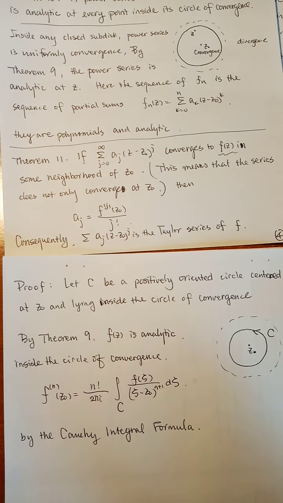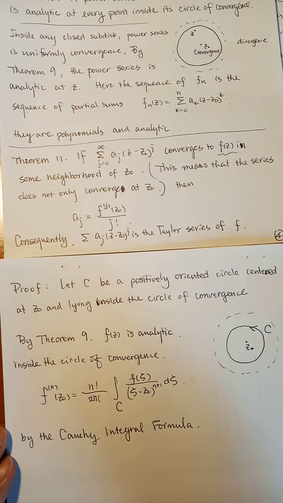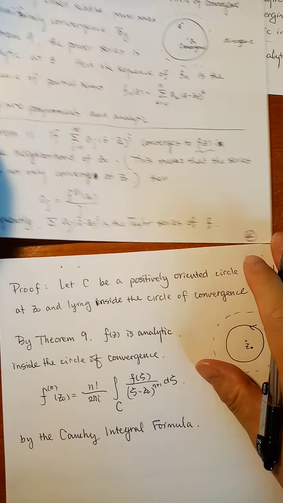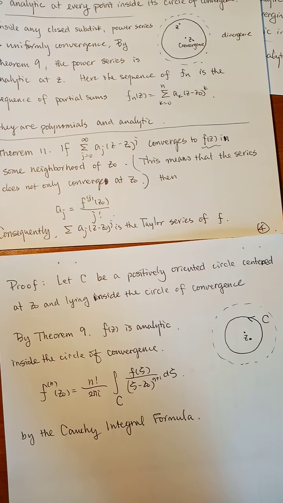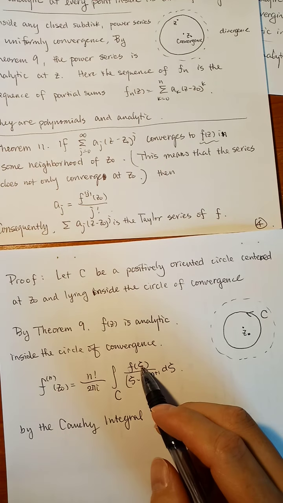Okay, and then what's next? Remember, we have term by term integration, which depends on theorem 8. When you have uniform convergence, you can pass it to the limit. So we are going to integrate term by term.